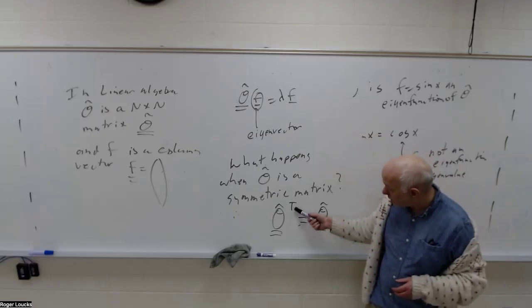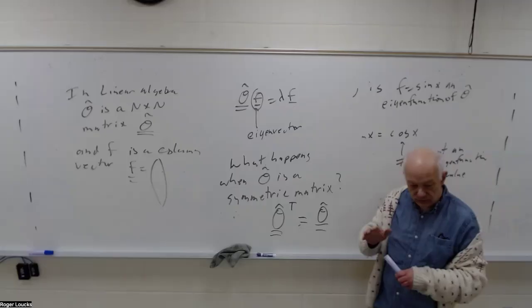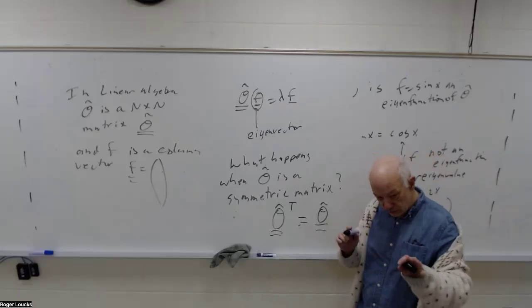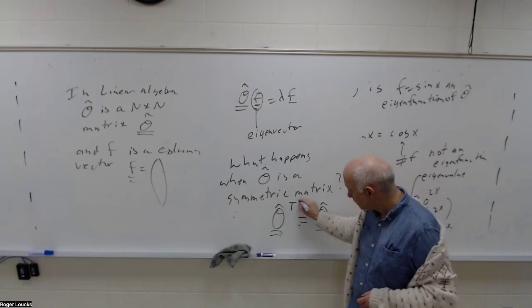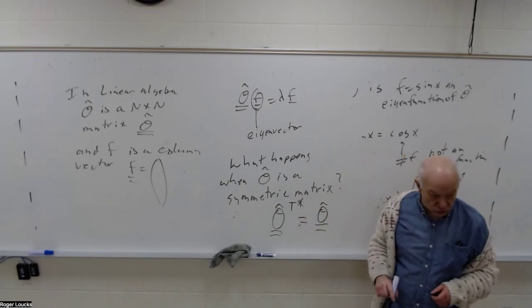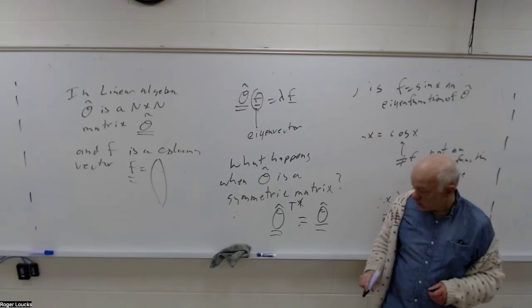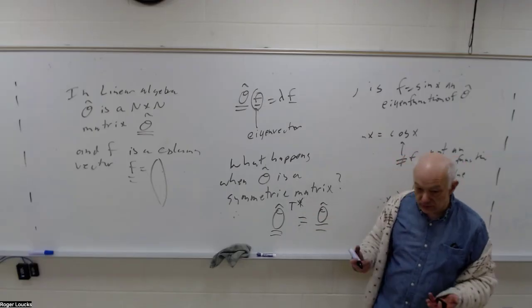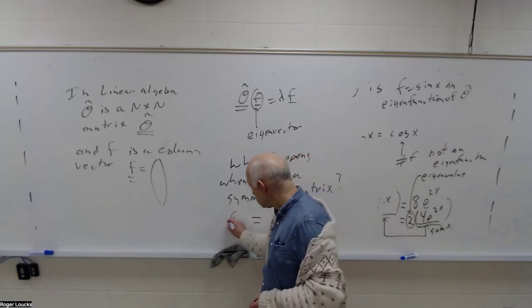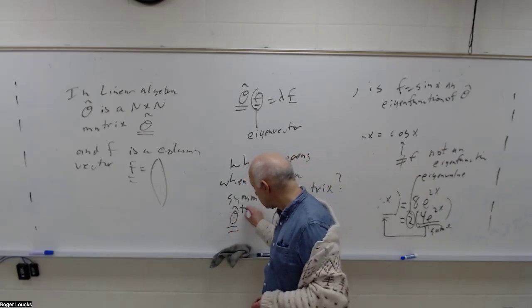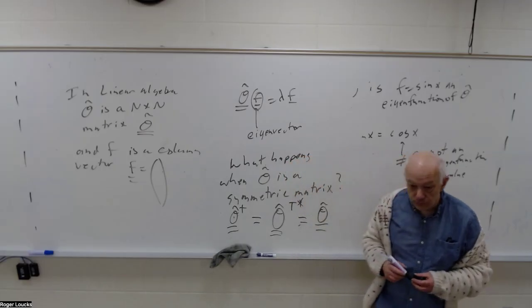What you're going to do is take the transpose and then take the complex conjugate of the whole thing. This whole combination is called the dagger. You write the dagger like that.